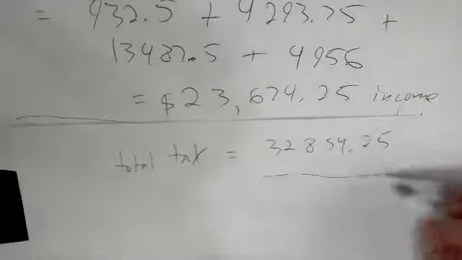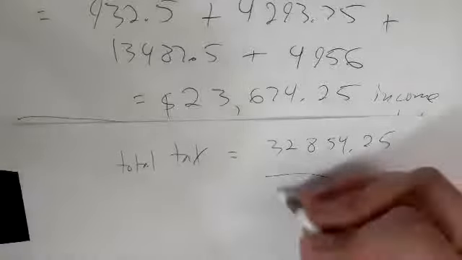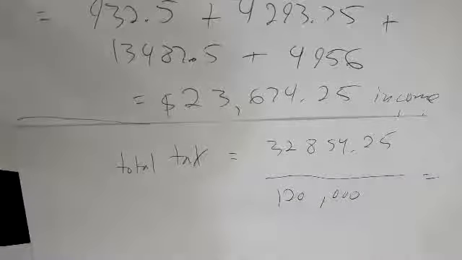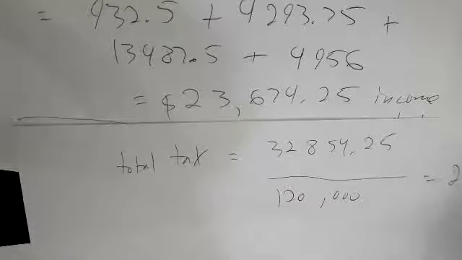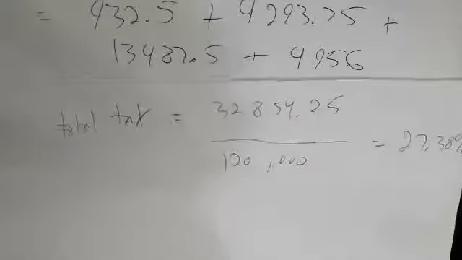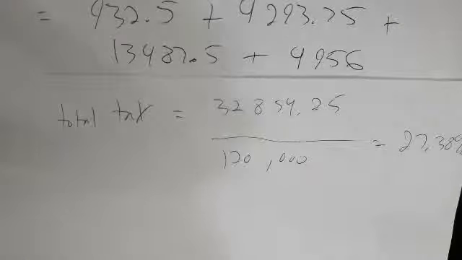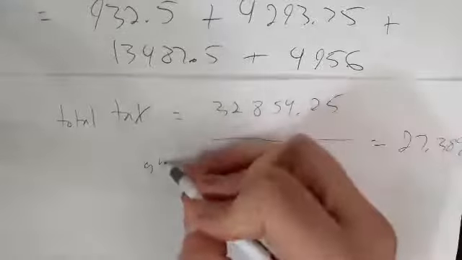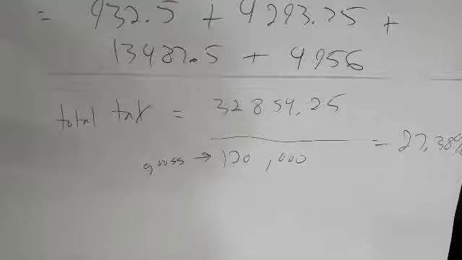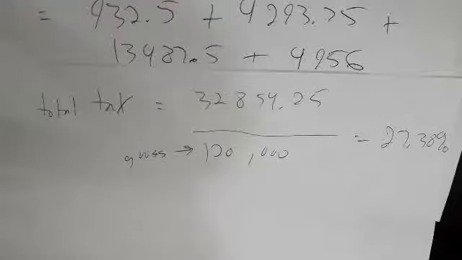And then we take the total tax and divide that by his total income, which is 120K. And so what we should be getting is something like 27.38%. So he's getting taxed around 27%. And that's his gross, right? You take your total tax over your gross income, and that gives you your tax rate.